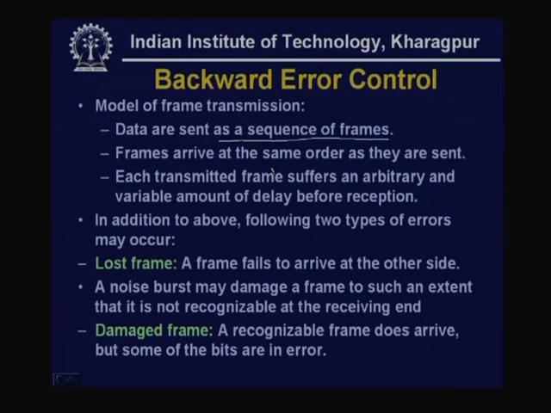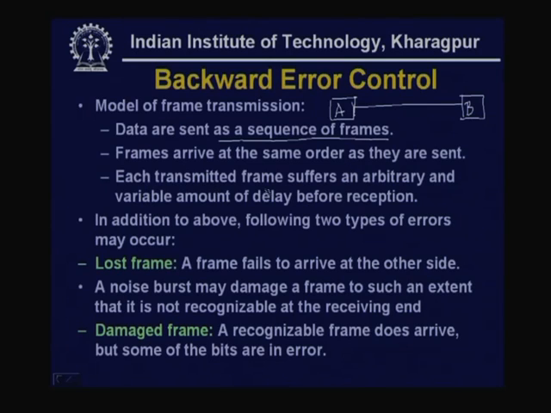We are assuming that frames are reaching the destination in the same order, because usually we are considering the case where the two nodes A and B are linked by a direct communication link. So in such a situation there is no possibility that the frames will reach out of order, they will be reaching in the same order.